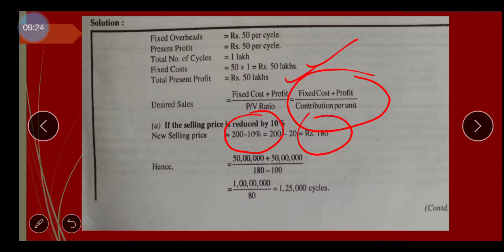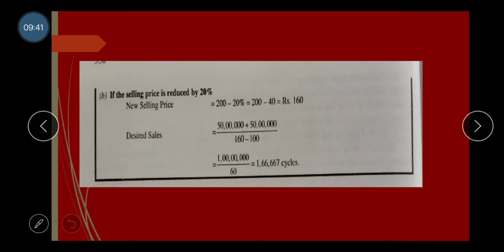Okay, second situation: when the company reduces the selling price by 20%, what will be the new selling price? If they reduce their selling price by 20%, their new selling price will be 160 rupees. Means 200 into 20% is equal to 40 rupees. If they reduce by 40 rupees, their new selling price will be 160. They want to generate a profit of rupees 50 lakhs.